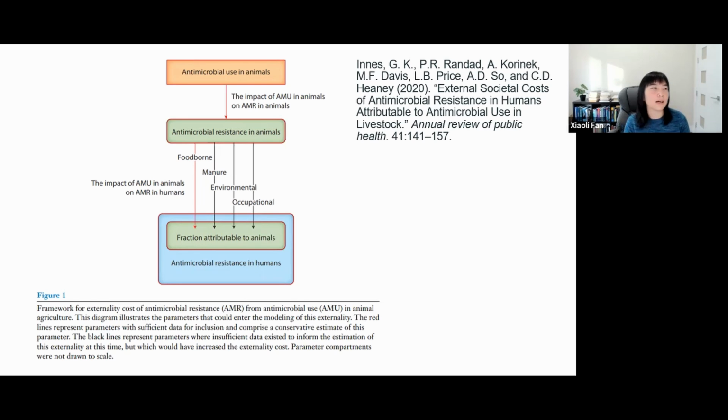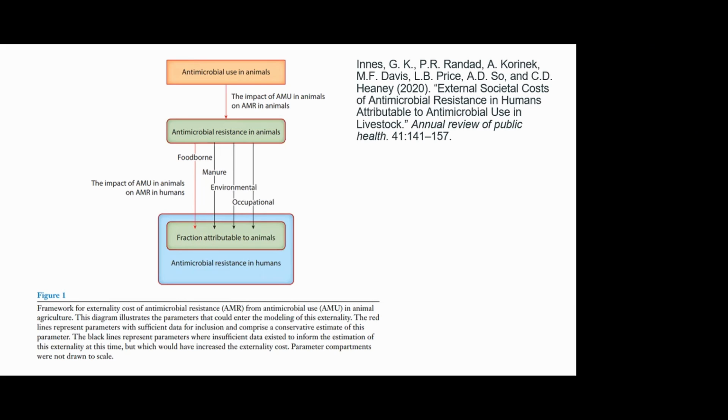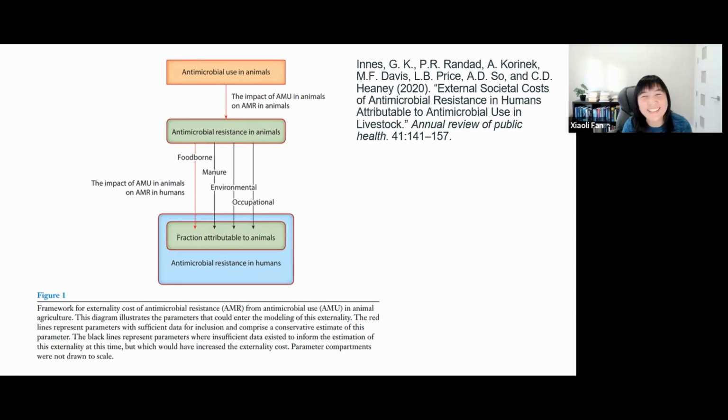It didn't take into account the externality cost of, for example, one feedlot manager using antimicrobials and imposing it on other feedlot managers. So it only takes into account the externality to human society, which somehow reduces overall income, and that's an externality.